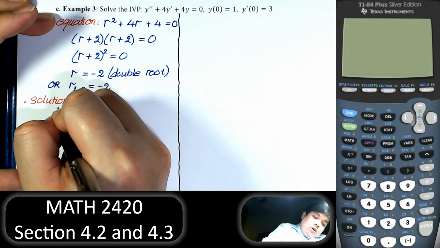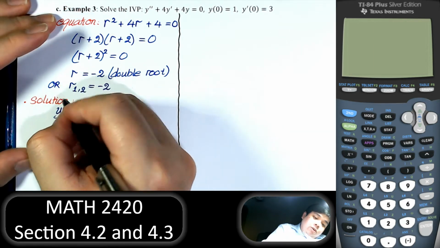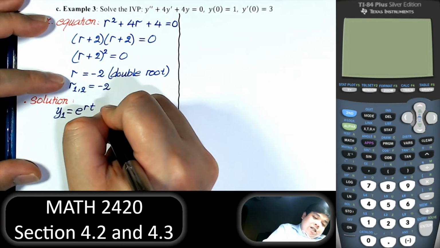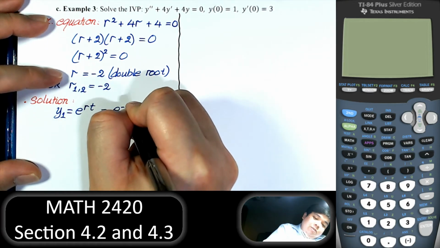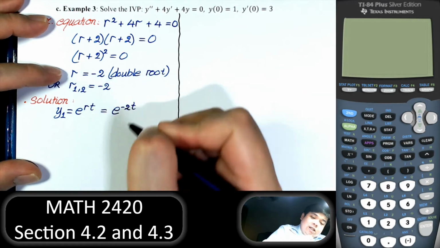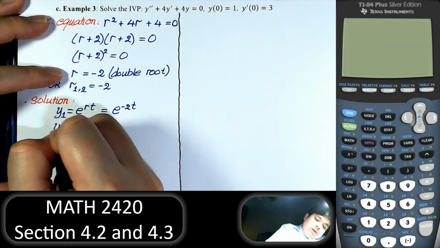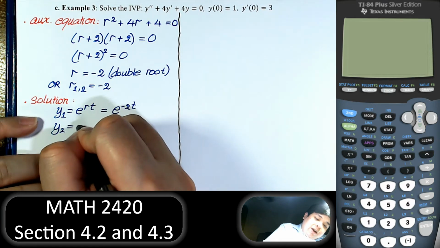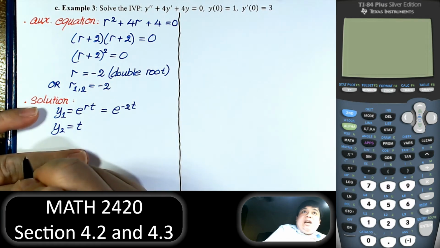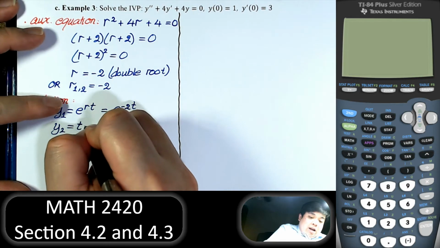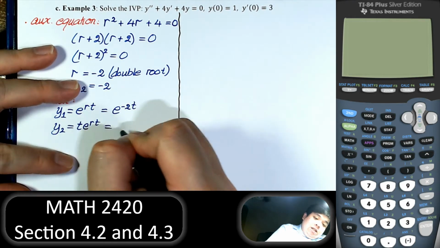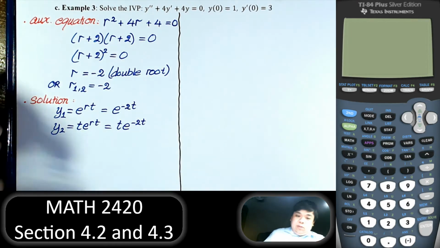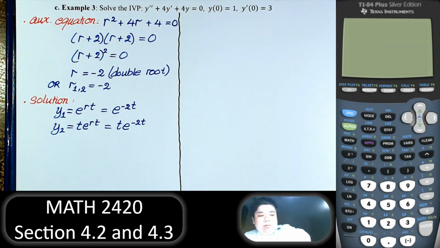So we write y1 is equal to e to the negative 2t, and y2, I'll have to stick a t to it so it will be linearly independent: t e to the rt, so t e to the negative 2t.